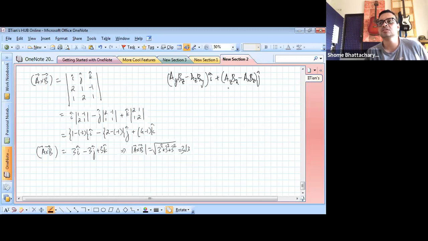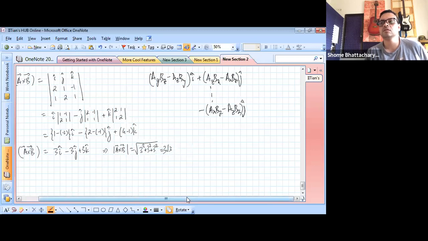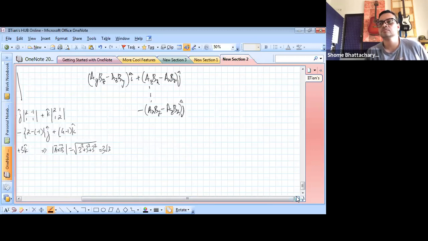So this term can be written as minus of AxBz minus AzBx j cap. That's why that minus sign comes in between. Whereas the third term was AxBy minus AyBx. This odd term in the middle, for that we put the minus sign in between and keep the term normal, whereas these terms come with plus.